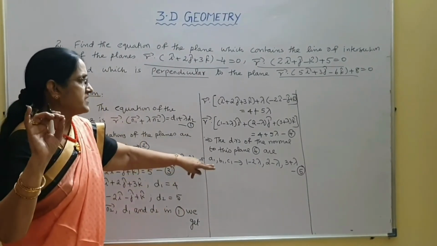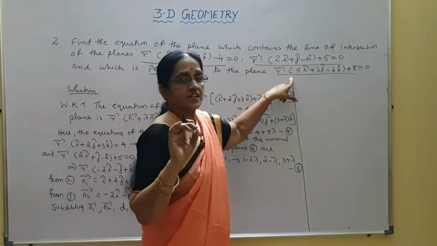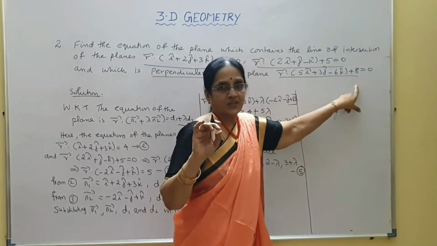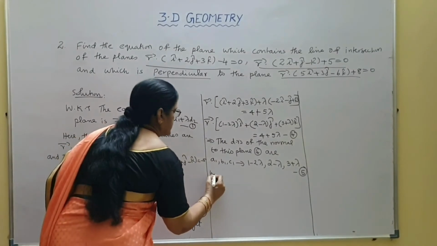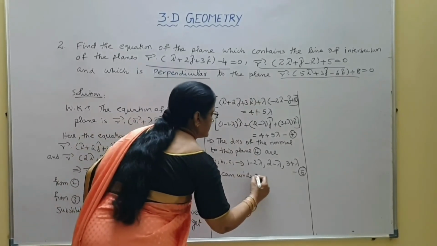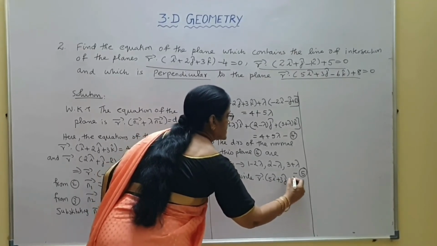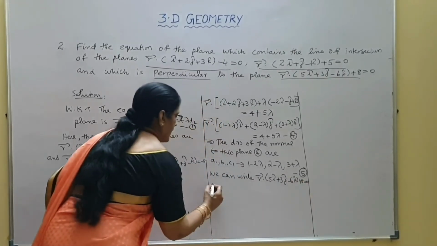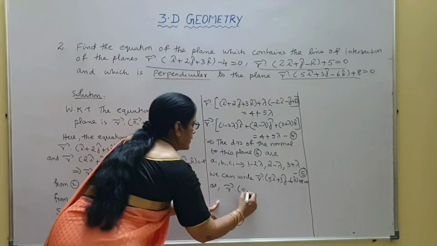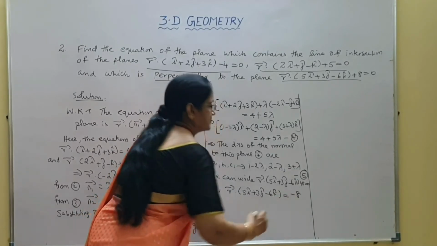What is the condition given to you for finding out the value of lambda? This equation 4 is perpendicular to r vector dot (5i cap plus 3j cap minus 6k cap) plus 8 equal to 0. We can write r vector dot (5i cap plus 3j cap minus 6k cap) equal to minus 8.